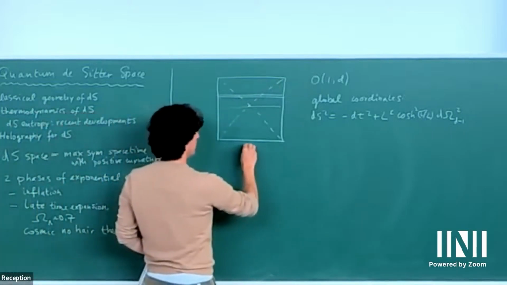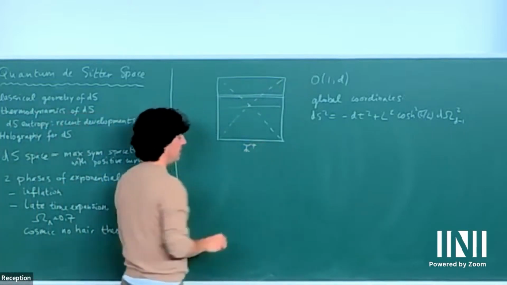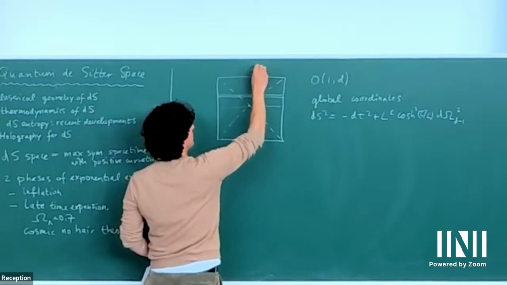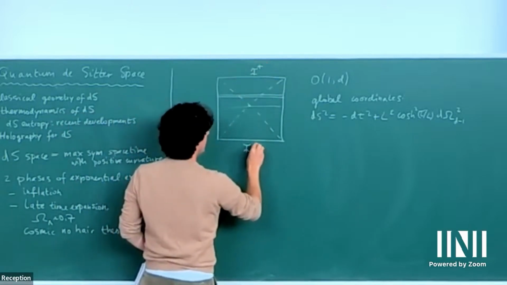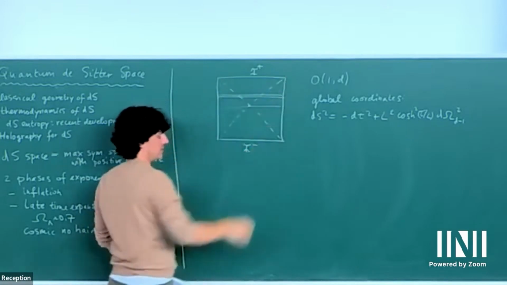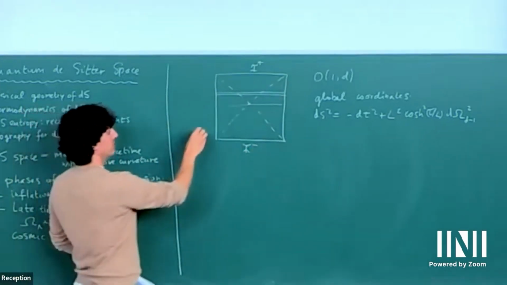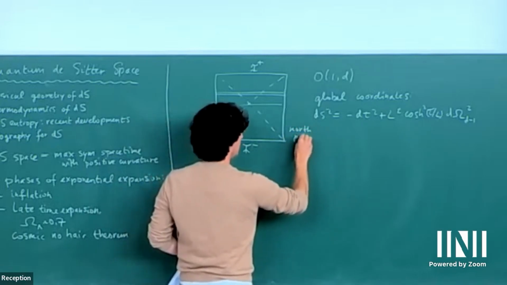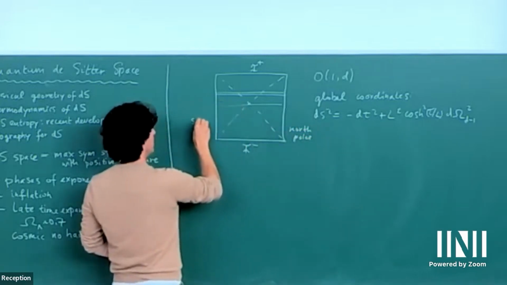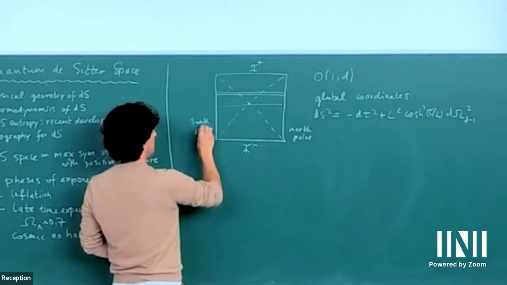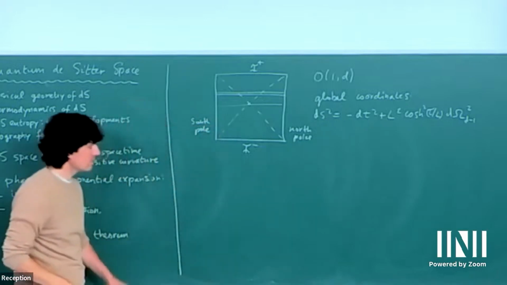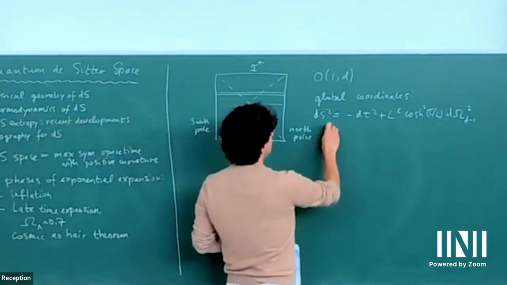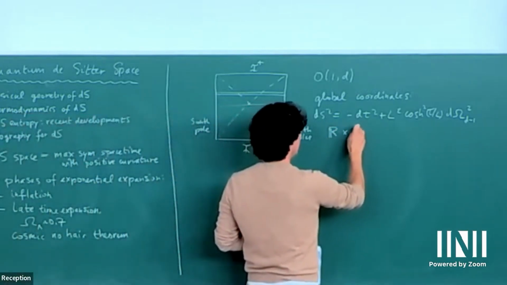And so this is past infinity, and this is future infinity. And these boundaries are not really boundaries; they are the poles of the sphere. So I'll call this the north pole, and this the south pole. Okay, and so the topology of de Sitter space is R times the sphere.